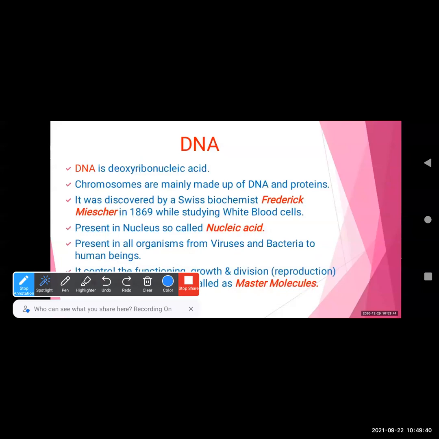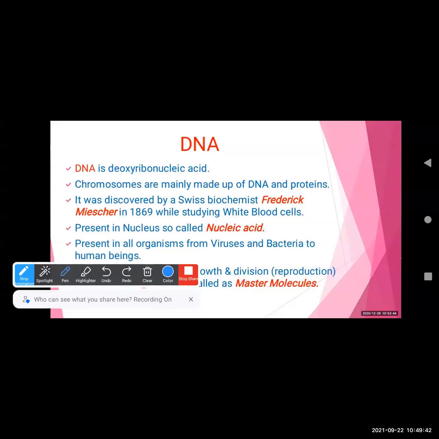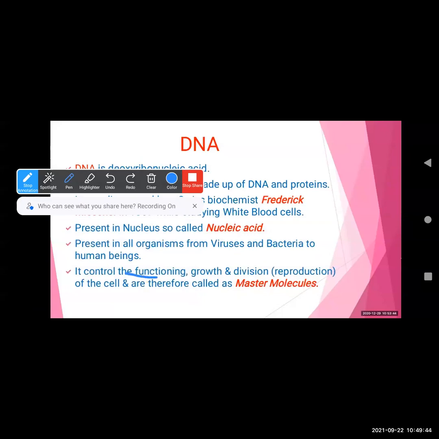So this DNA controls the functioning of the cell, all the functions of the cell. Whatever function the cell is carrying out, all the functioning of the cell is under the control of the DNA. The growth of the cell is under the control of the DNA, and even the cell division is under the control of the DNA.